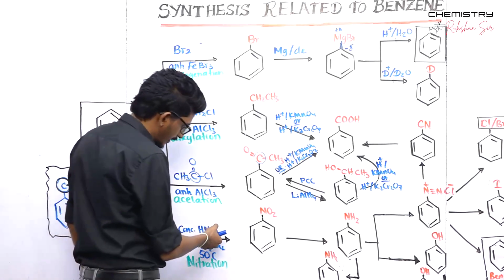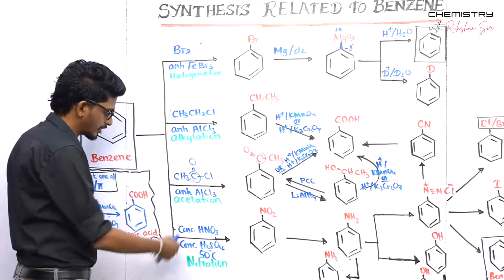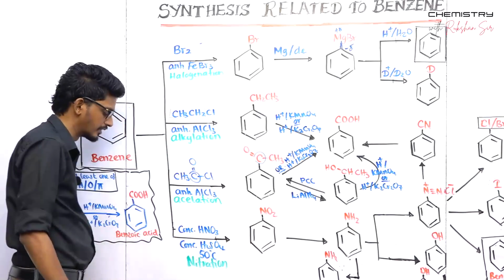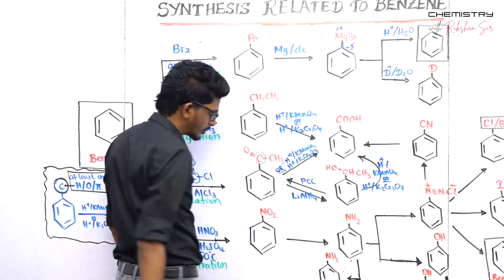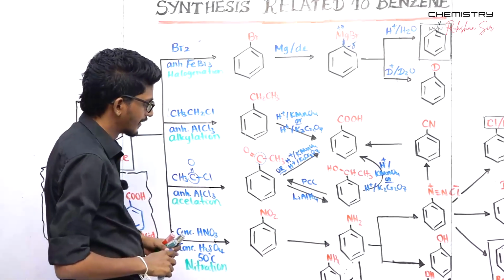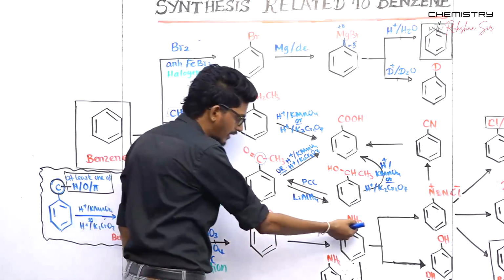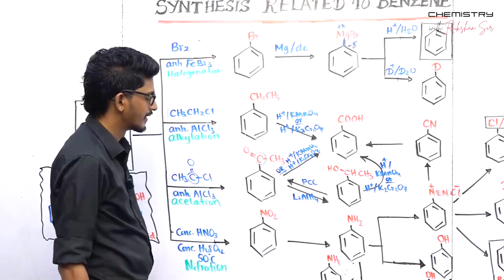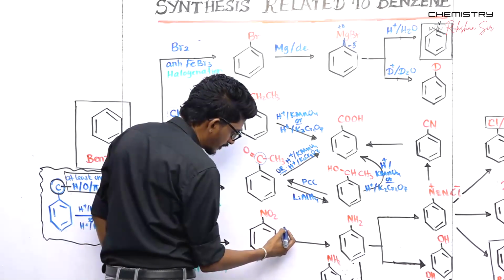So you can connect an NO2 group to the ring by adding concentrated HNO3 with the H2SO4 catalyst at 50 Celsius, and you can convert this NO2 to NH2 by doing a reduction. Getting rid of oxygens and adding hydrogens is referred to as a reduction. Reductions can be done with reducing agents.